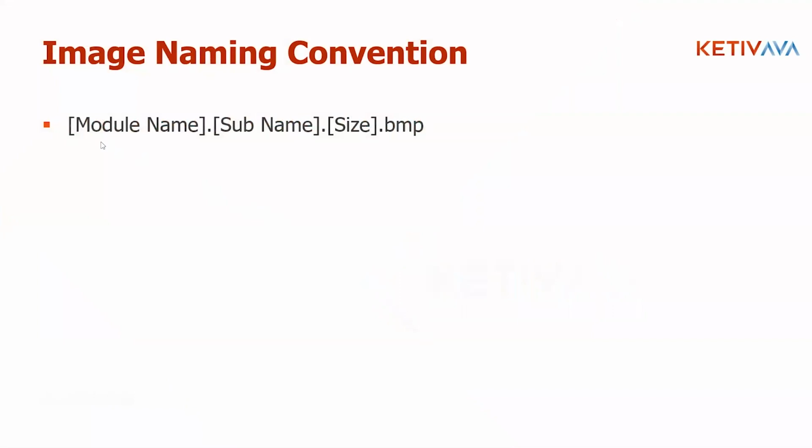So the first thing is, it's going to have to follow this pattern of module name, subname, and this is also the macro name, and size. And this will be either small or large. If you remember, when we started putting this on the ribbon, we started with the small icon and then we moved to the large icon. And then the file type has to be BMP.